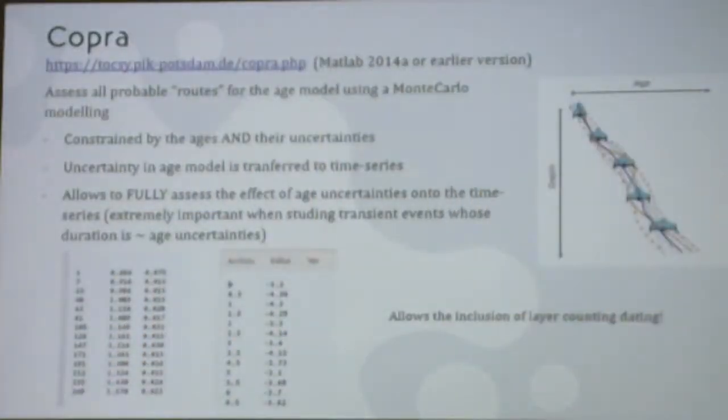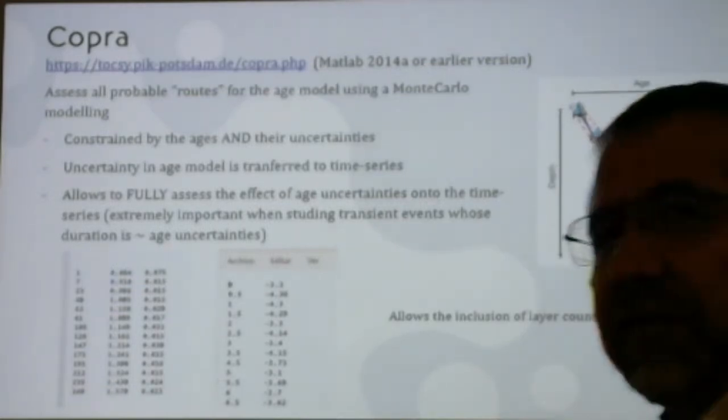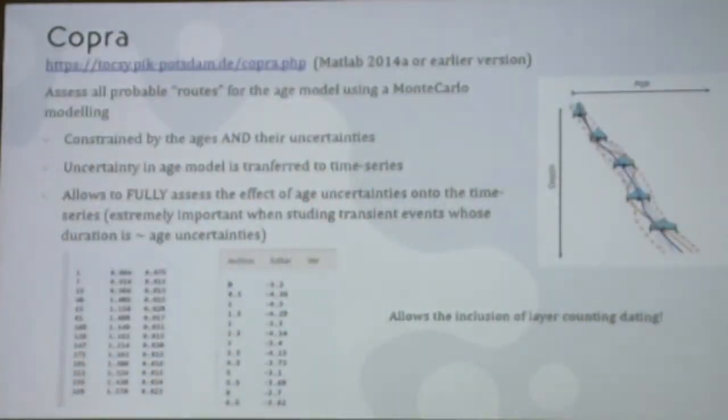On the other hand, Copra, you can get Copra from here. Copra also has a little bit of a problem in that it works on early versions of MATLAB, 2014. People have told me that it works also on modern versions, but not the graphical interface, I think. I've only managed to run it in this version of MATLAB.